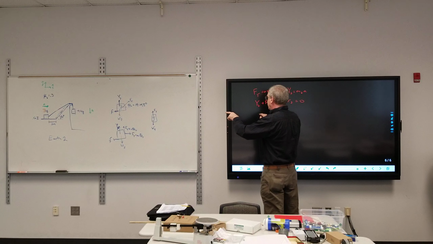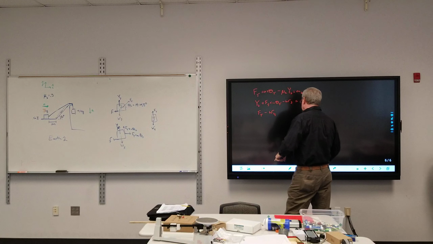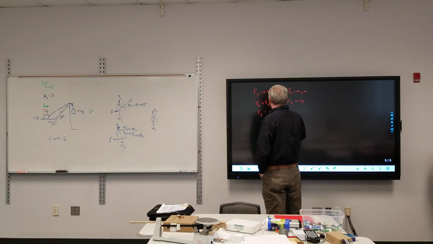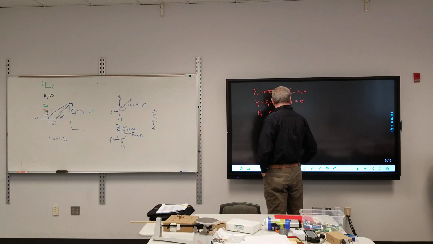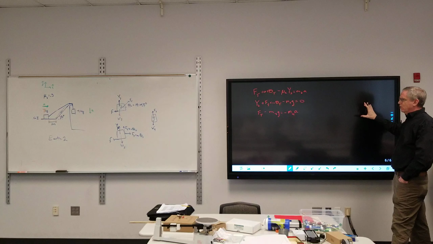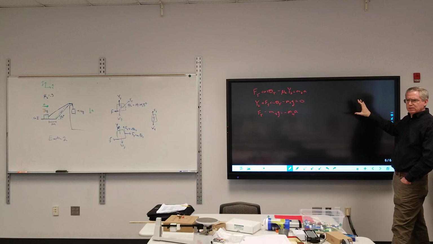And then I've got FT minus W4, minus M4G equals negative M4A. Those should have been the equations that were in yellow over here. Is there a mistake?